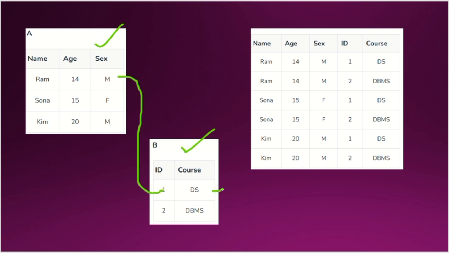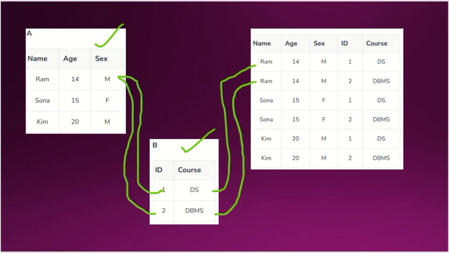So you will get the output here. Again I am going to match this first record with the next record of B: Ram, age 14, gender is male, and here in the B table it is the second row, and course is DBMS. So I have mentioned it here in the next row.